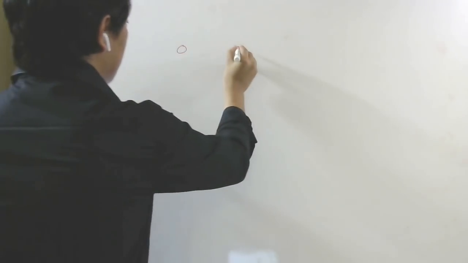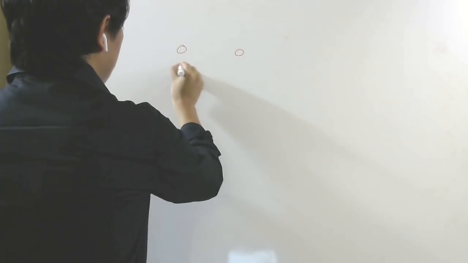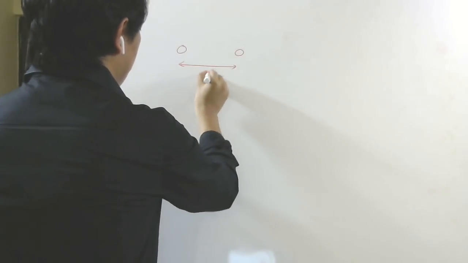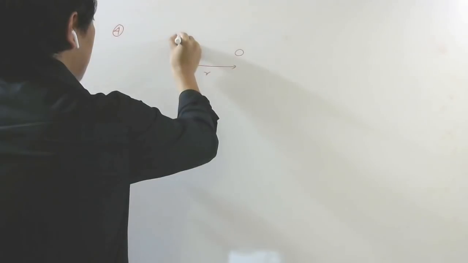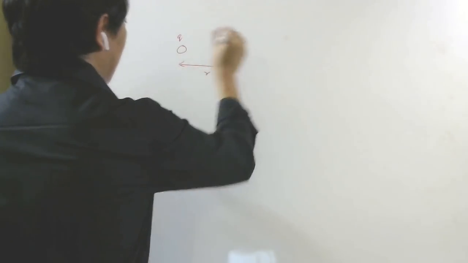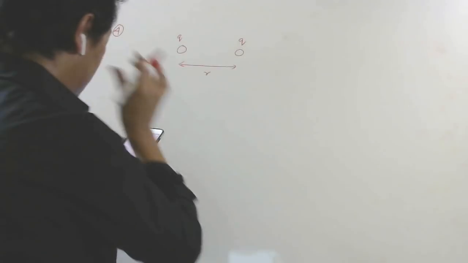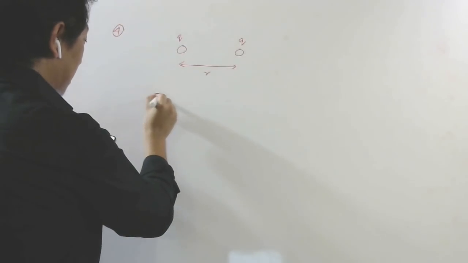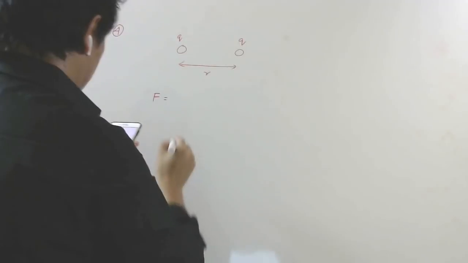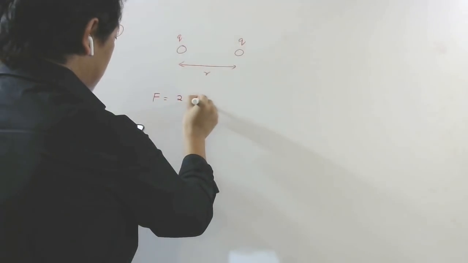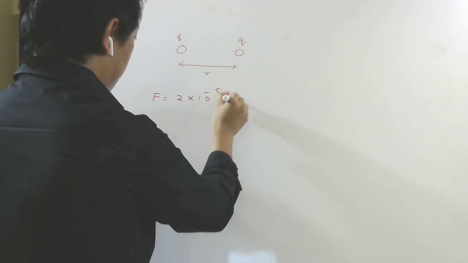So again, there are two small identical spheres, and each one has equal, similar charge. So both are Q, and right now obviously they will repel like charges, and the force is 2 into 10 power minus 5 Newton.